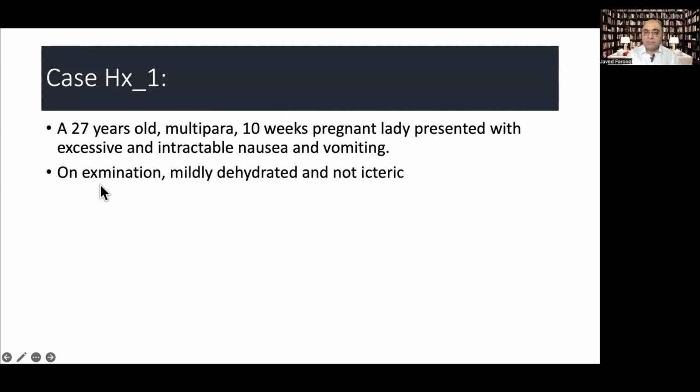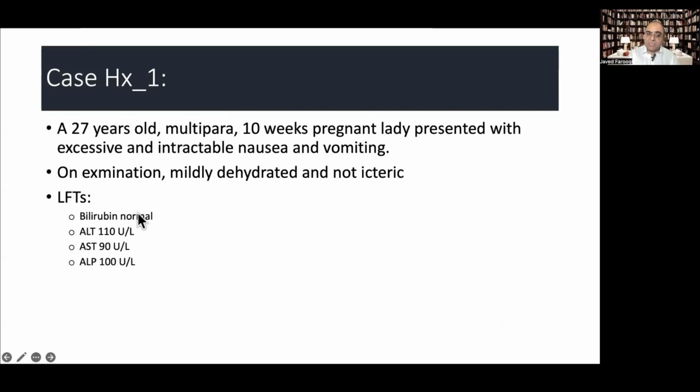On examination, mildly dehydrated and non-icteric. The liver functions reveal bilirubin normal, ALT 110 units per liter, AST 90 units per liter, and alkaline phosphatase 100 units per liter.